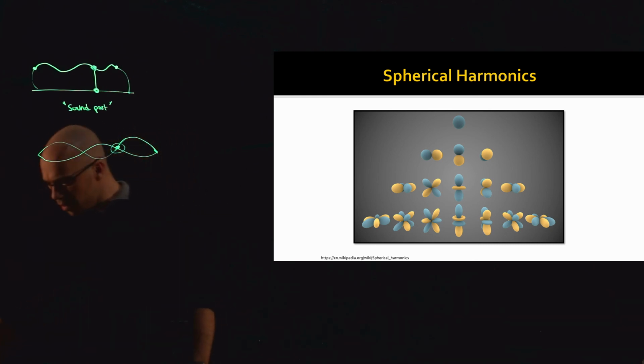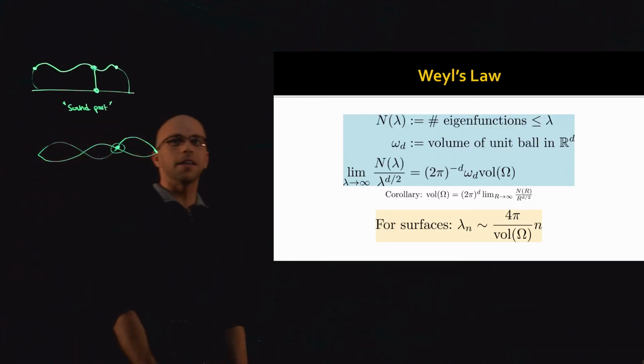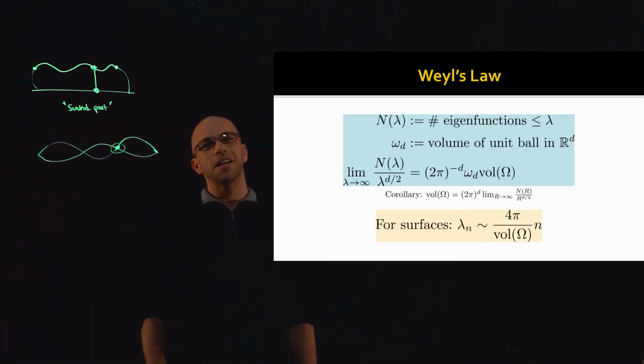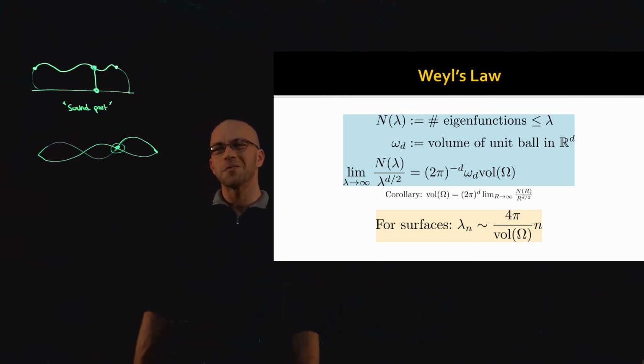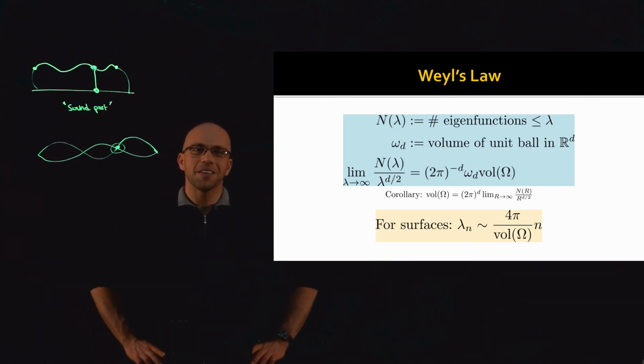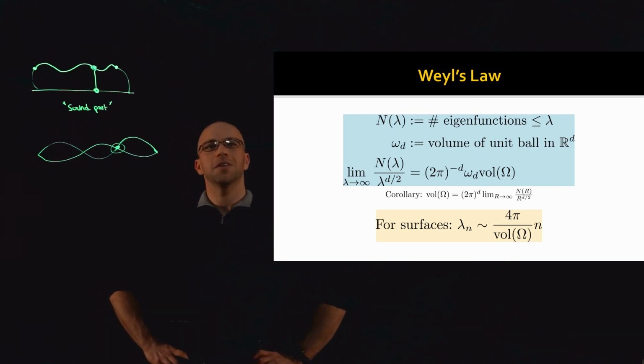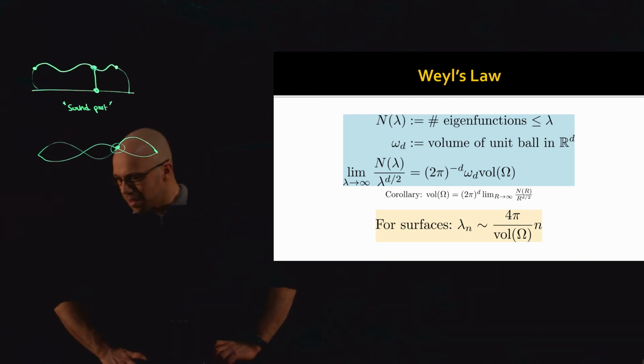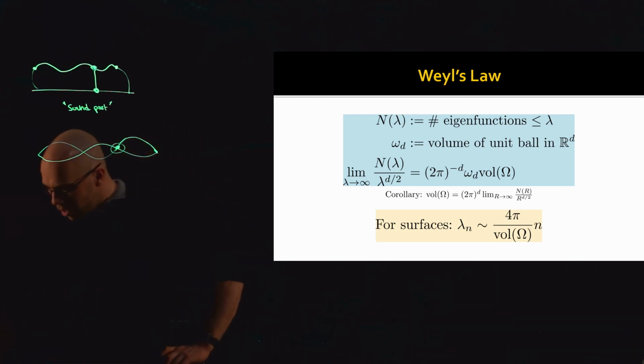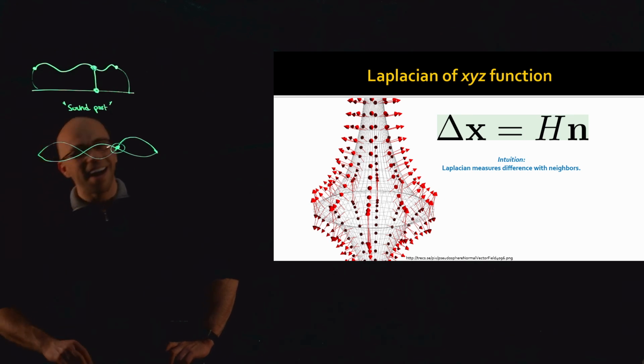And finally, the course notes go through this Weyl law in its most generality, which tells you something about the distribution of eigenvalues of the Laplacian for different dimensionalities of domains, which is just one nice example linking spectral calculations, geometry, and topology.